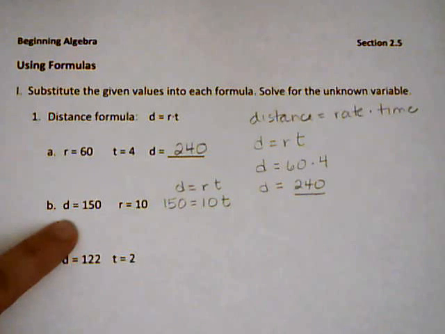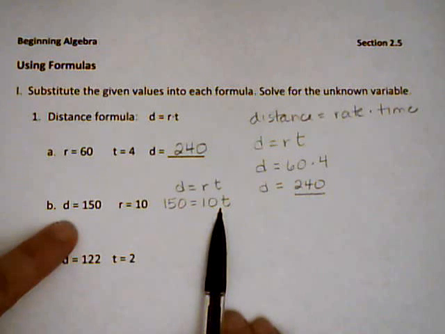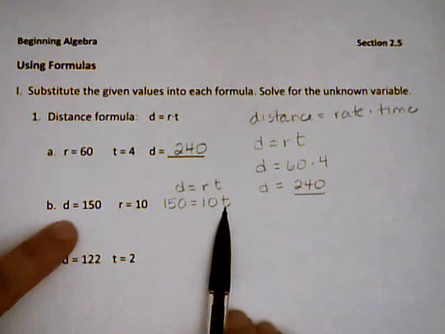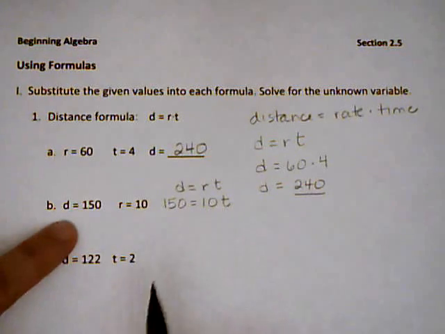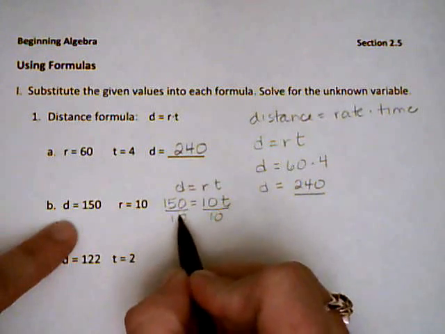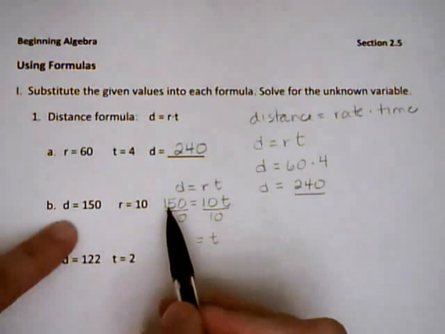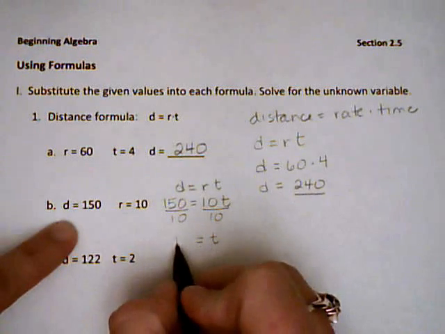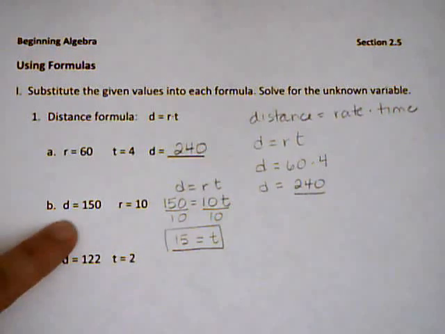So I get the equation 150 equals 10 times T. Using what we've talked about in previous sections, how do I solve for T? If all I have is multiplication, 10 times T, to get T by itself I divide both sides by 10. That gives me T equal to 150 divided by 10, which is 15. So T is equal to 15.